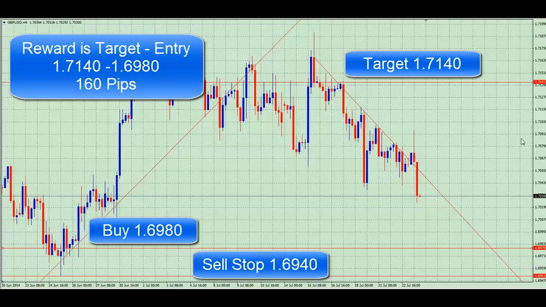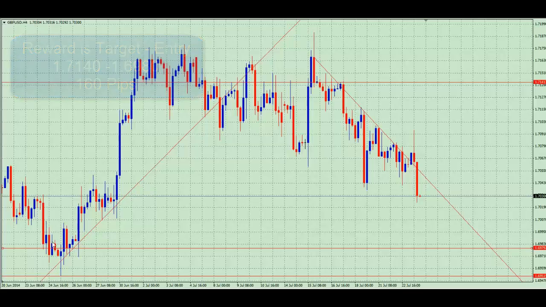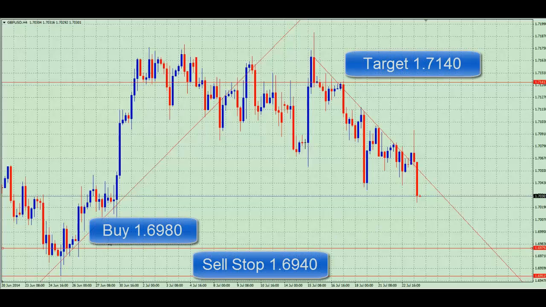That is 160 points for a 40-point risk, so that's 4 to 1. Okay, so that's a fair trade in terms of what we're looking at. Price did rally out there quite strongly and pushed up hard. So in terms of our planning, we've got an entry at 169.80, a stop at 169.40, and a take profit or a target at 171.40.